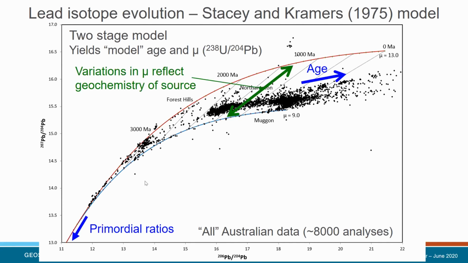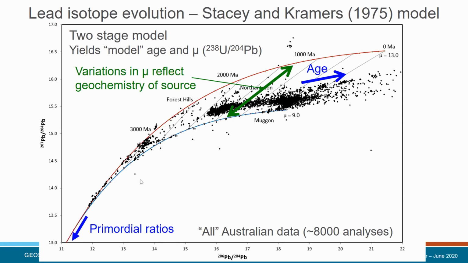Now, uranium and lead actually fractionate slightly differently within the crust and between the crust and the mantle. As a consequence, the uranium to thorium ratio changes depending on how much mantle versus how much crust is entrained within the particular sample you're looking at. So the variations in mu reflect the geochemistry of the source, i.e. whether it's more mantle derived or more crustal derived.